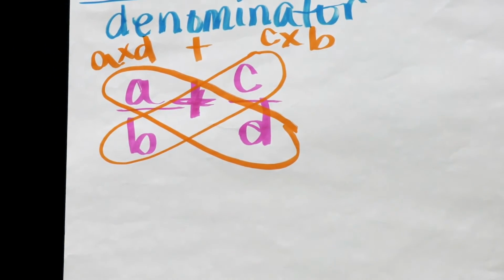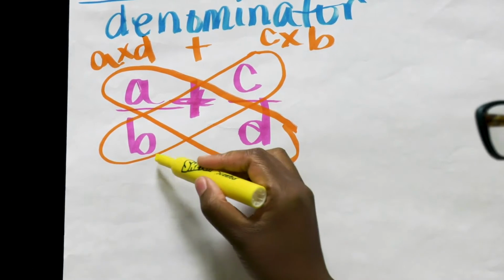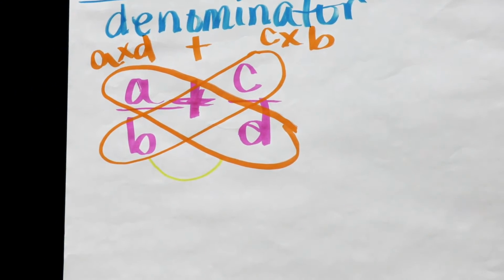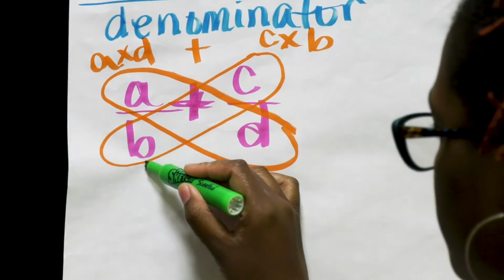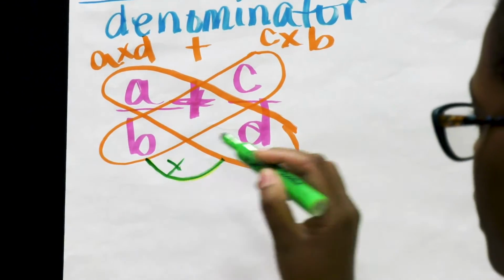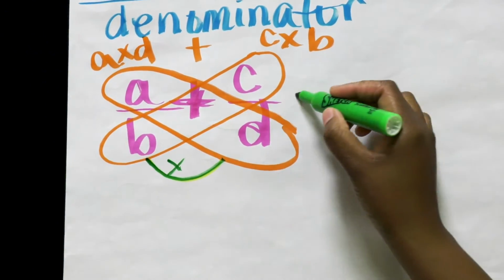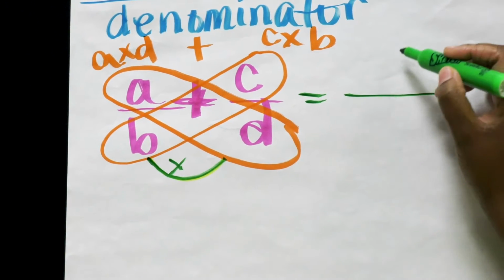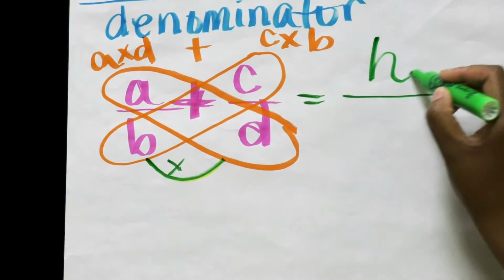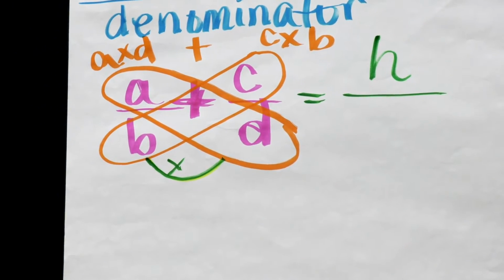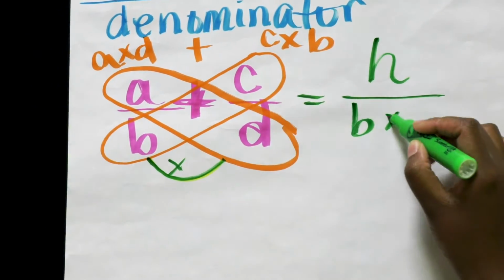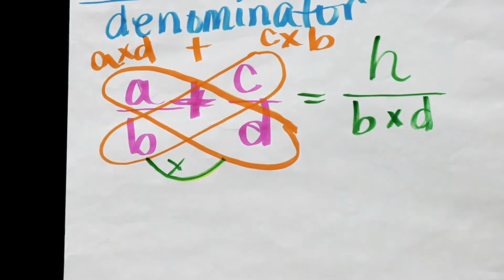And down here at the bottom, to find a common denominator, we took the two denominators and multiplied them together, and then we had our answer. I'm just going to use the letter H as our answer, over B times D.